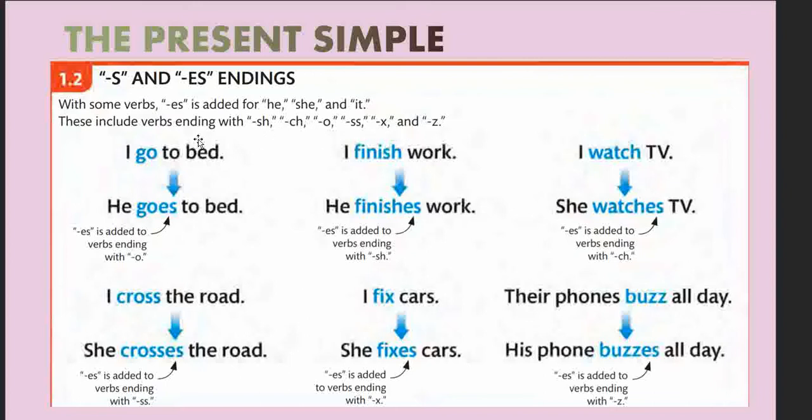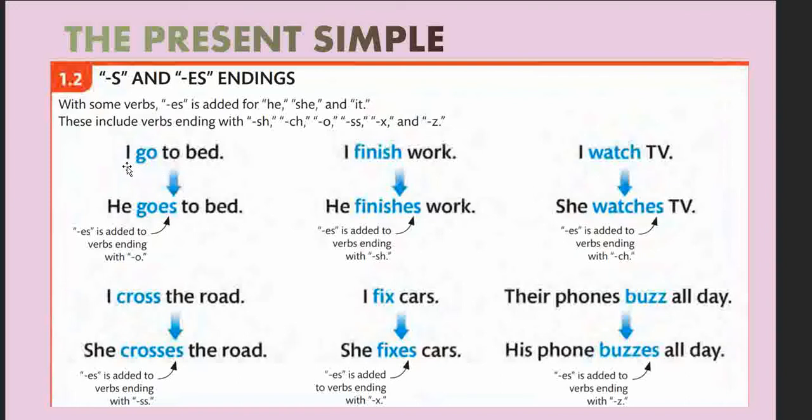Now, we are not talking about singular and plural over here. We are talking about verbs. These verbs, when they end with SH, CH, O, SS, X or Z, take ES when we use them with the third person pronoun.